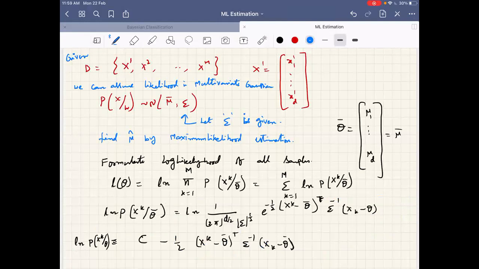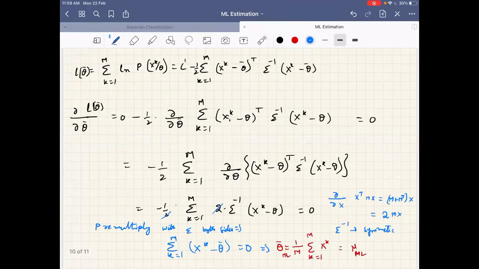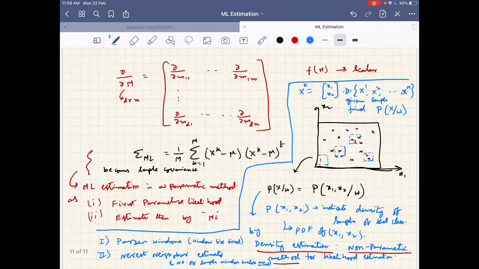This covariance matrix usually is the sample covariance. When I find the expression itself, as you have seen here, this results in a symmetric sigma.